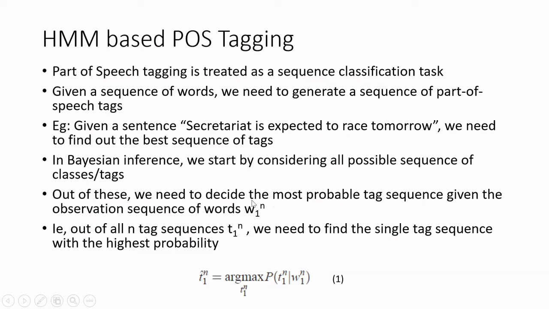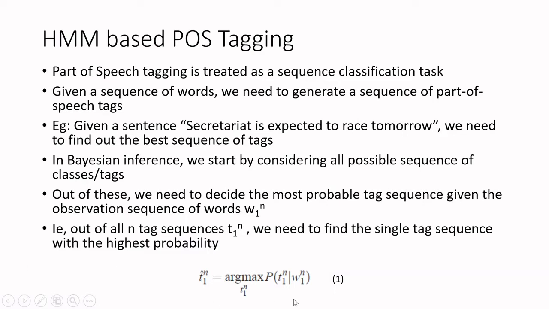sequence of words. The input is W1 raised to n, which means you have a set of words W1, W2, etc. up to Wn, and corresponding to each word, a tag has to be generated. Out of all the tag sequences T1 raised to n, we need to find the single tag sequence which has the highest probability of occurring. Now, how do we get the probability? We might have a corpus, and from that we will be able to estimate the probability of occurrence of a particular word sequence, and from that we'll get the tag sequence.